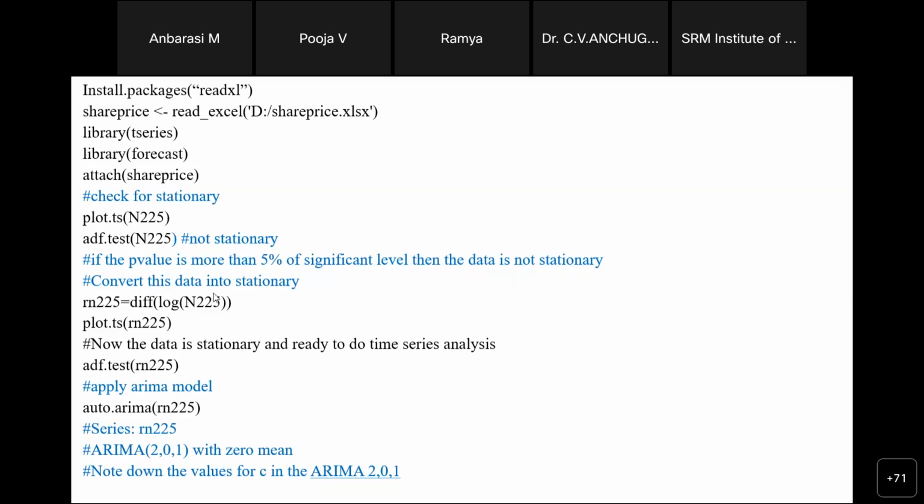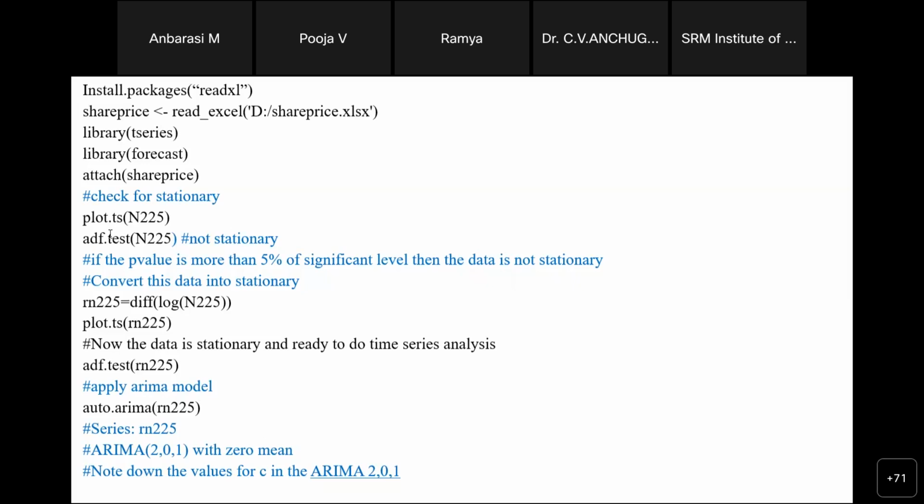Once you have generated a model, we can check the coefficient values. This is what you specify in the paper, if you are going for paper publications.